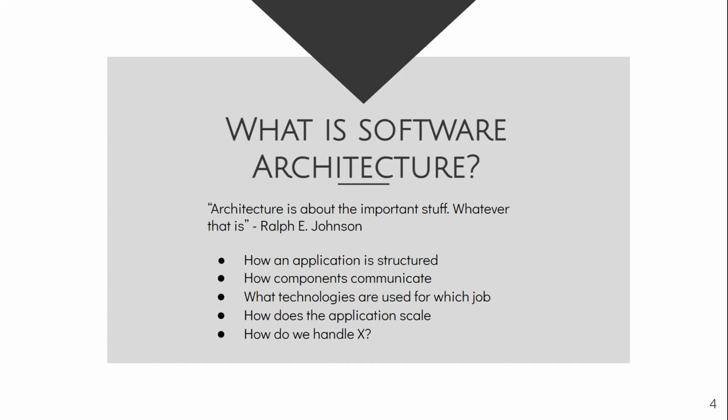Are there different components, or is everything put together at once? And also, if you have multiple components, how do they communicate? How can we get data from one component to another? What technologies are used for which job? Usually you have multiple jobs in each application. You have multiple features.